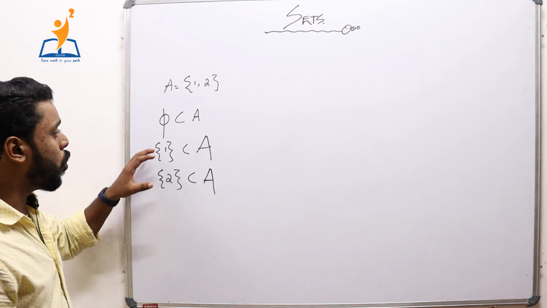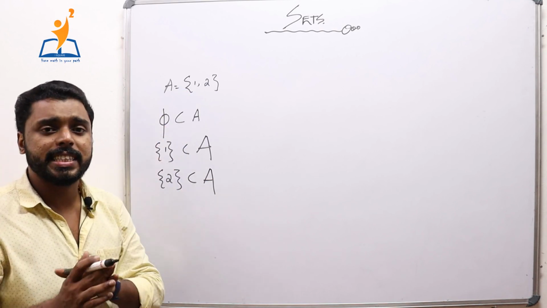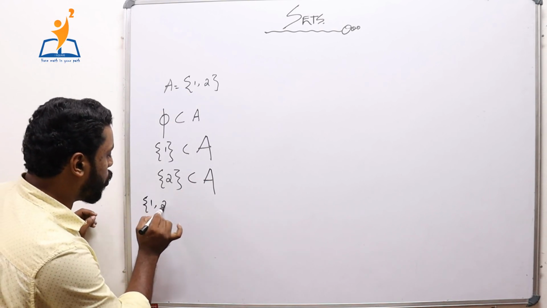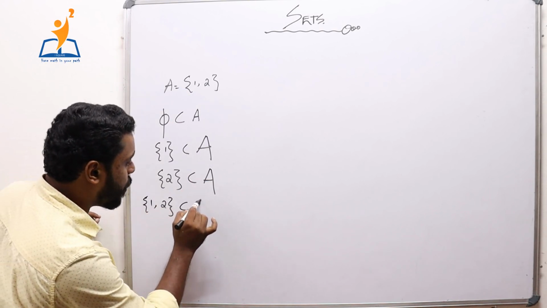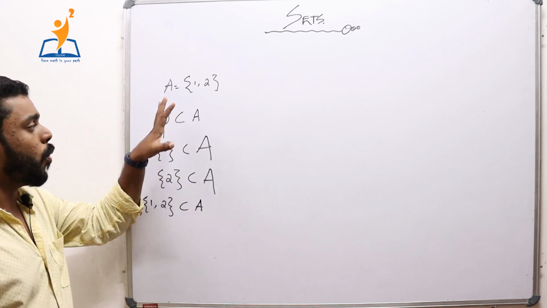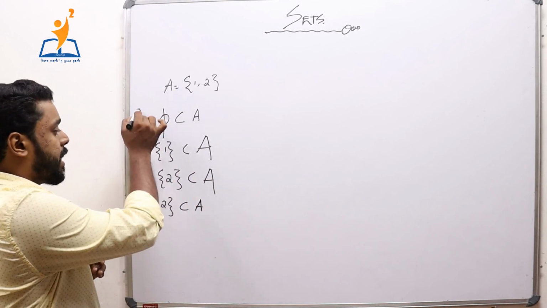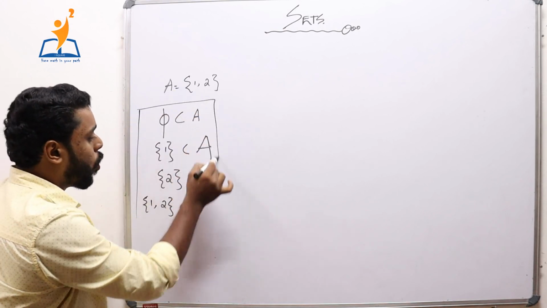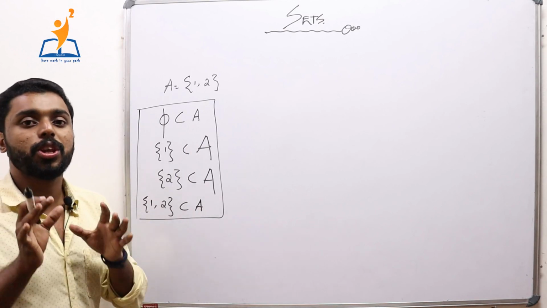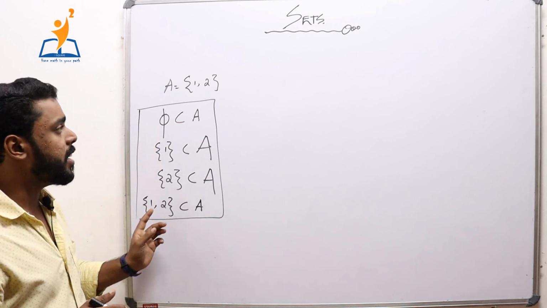That's it. So we have three subsets of A. Now we know that a set is a subset of itself. Therefore the set {1, 2} is a subset of A because A is a subset of A itself. So these are the only possible subsets for the set A. That is, we have listed all the subsets of the set A. Now I am going to form a new set with the elements as these sets.